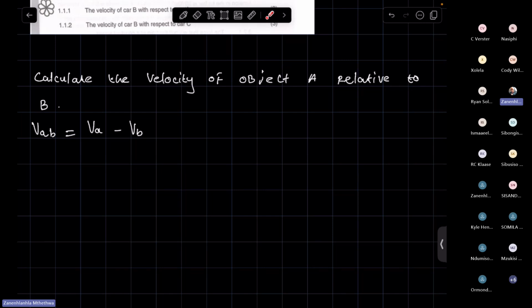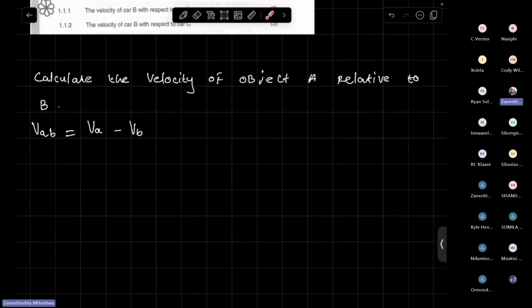Parallel objects you can look at on your own. They are pretty straightforward. If you have any questions regarding relative velocity for parallel objects, you can ask me privately.